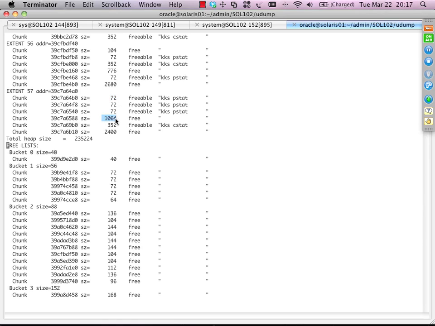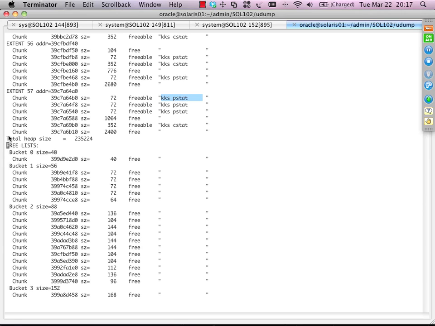So apparently we have a chunk of that many bytes which is free. There is some other chunk which is used by somebody, but it's freeable by the allocator, and it's used for this reason. So this tells you the reason. What object is it? Is it a SQL area? Is it some statistics area, and so on.